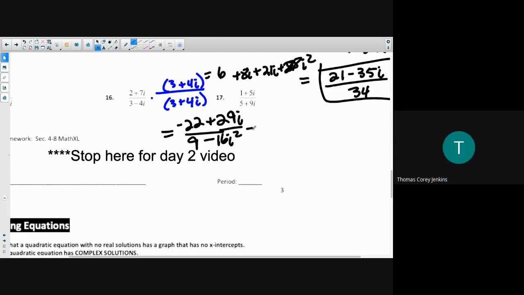All right, so then we clean it up. We said on the bottom that is equal to 25. So I believe how they want this on MathXL is you go negative 22 over 25. And then that last part is plus 29 over 25.